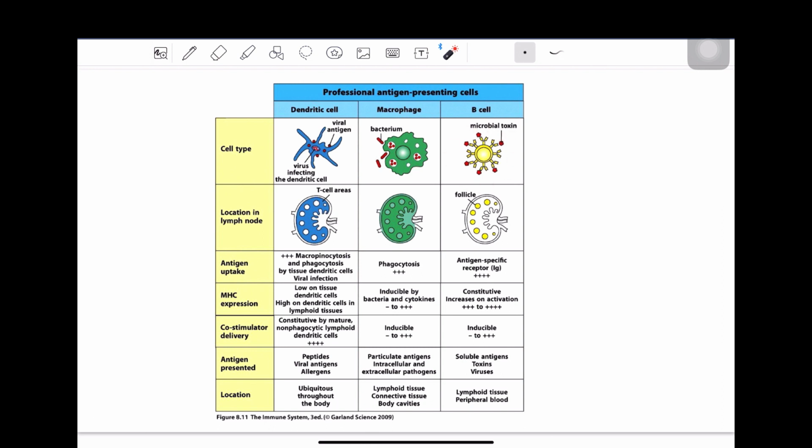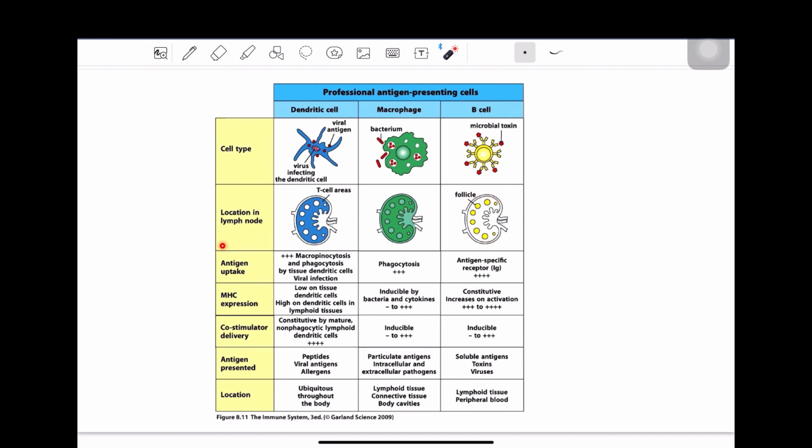Where are they located? The locations are shown in these diagrams. In the lymph node, the dendritic cells are located in the T cell areas, the macrophages are located everywhere in the lymph node, and the B cells are obviously in the follicles.